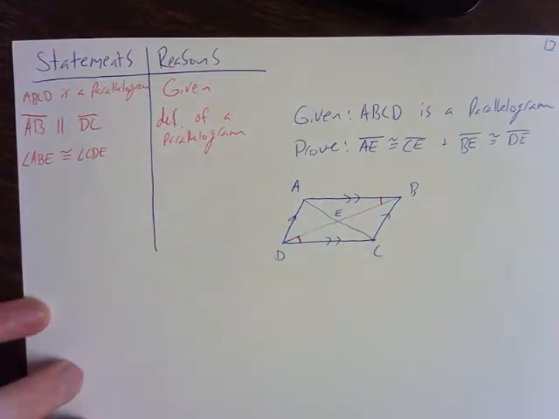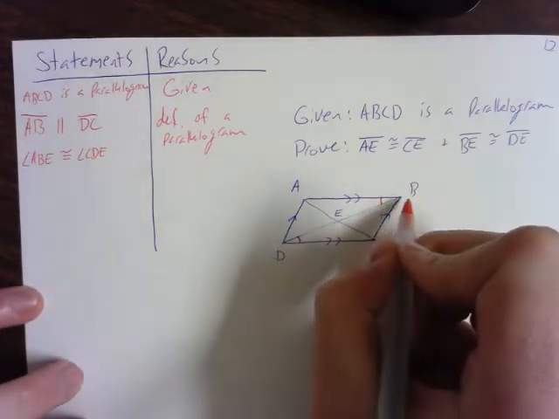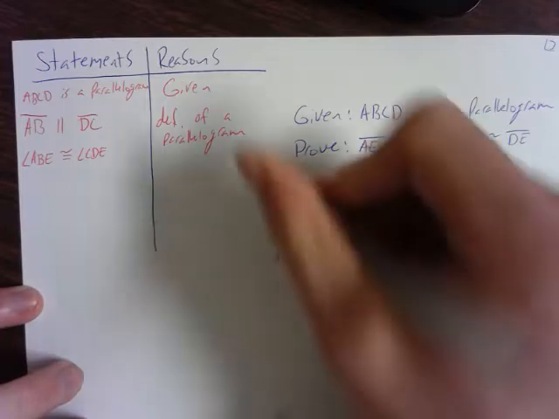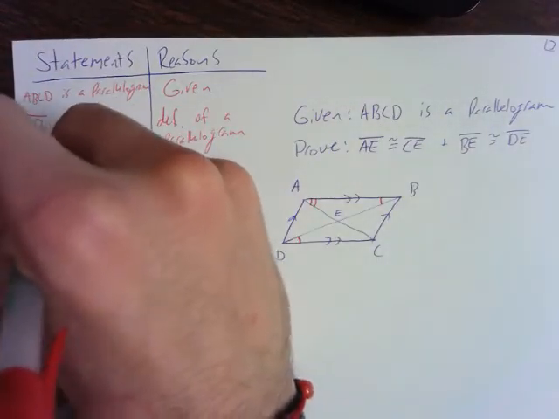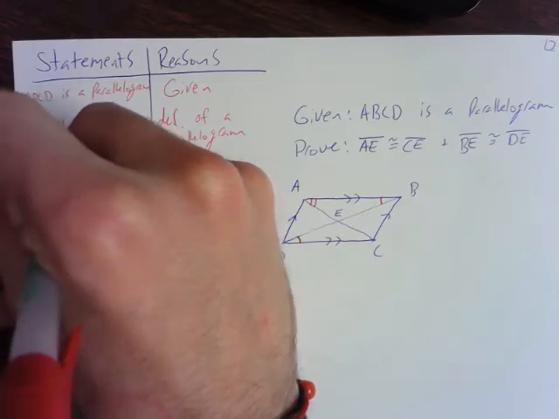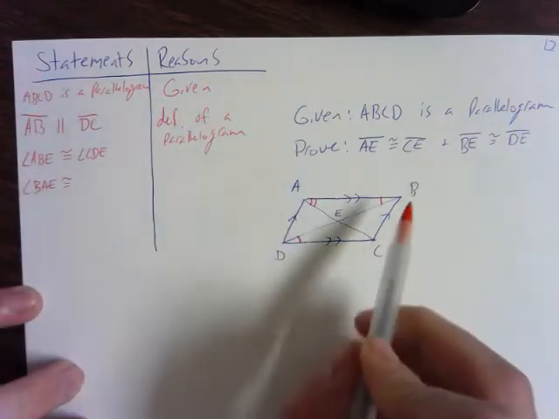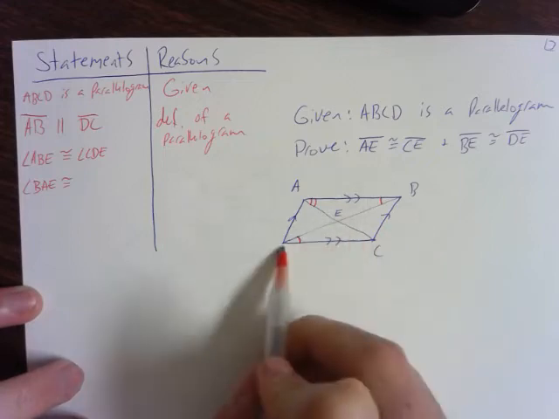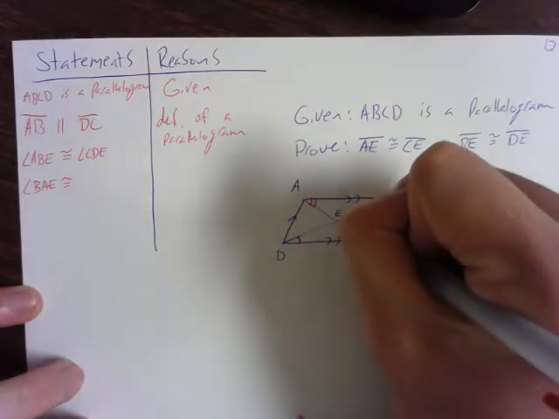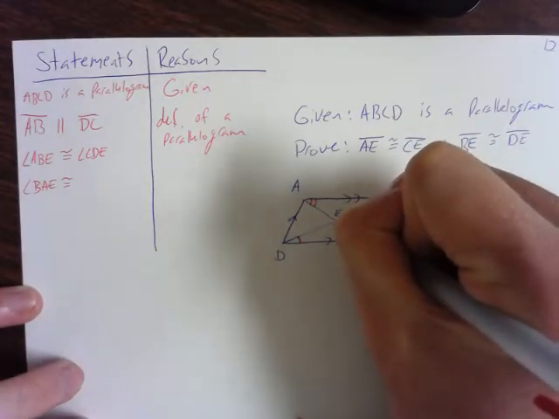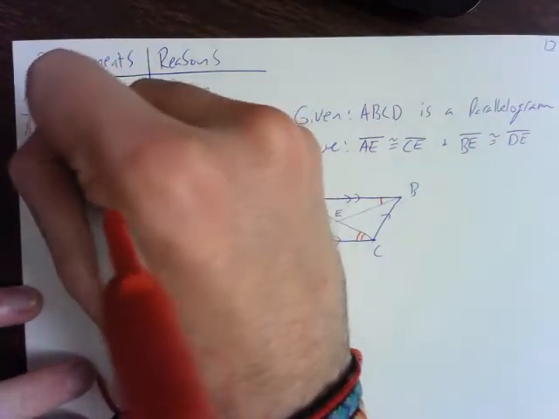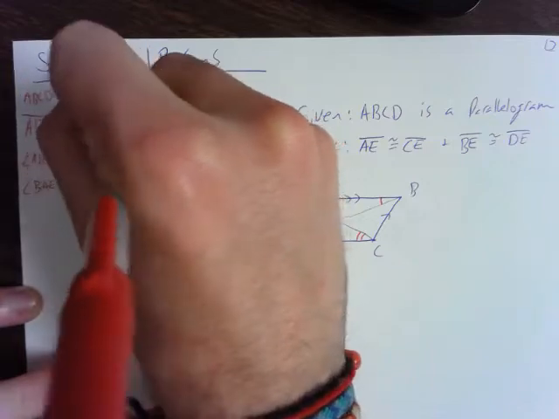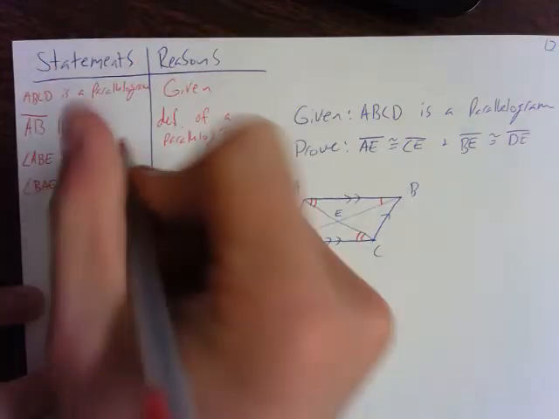And I'm also going to throw in that angle BAE, this angle up top, is congruent to angle DCE, this angle right down here. I'm going to lump those together.